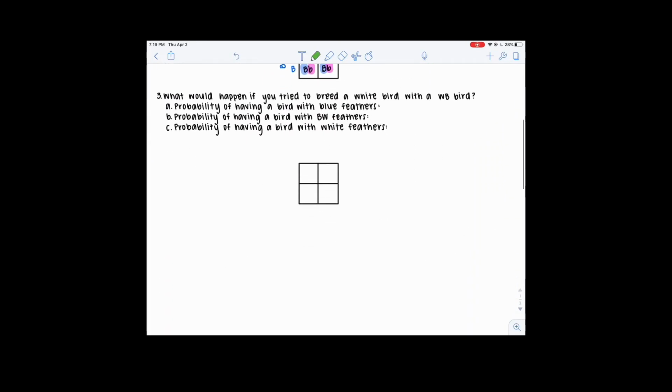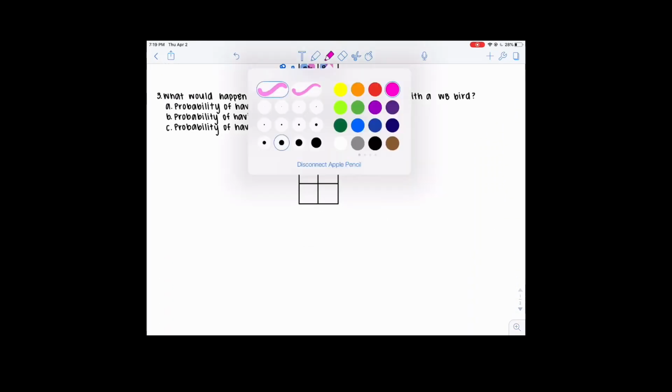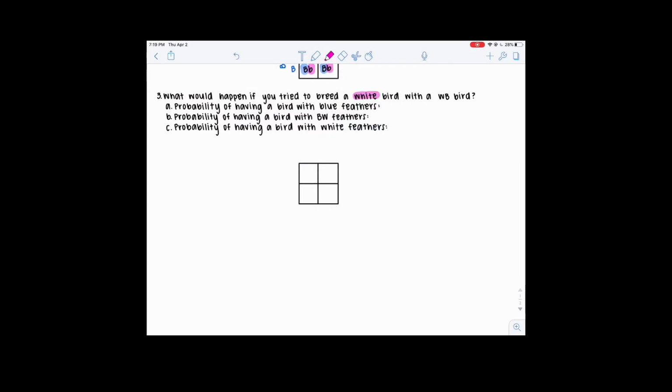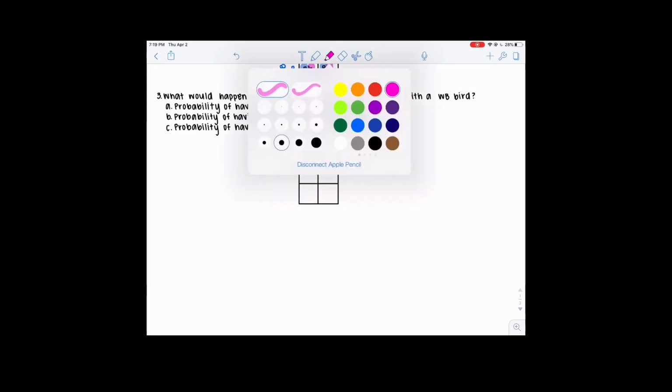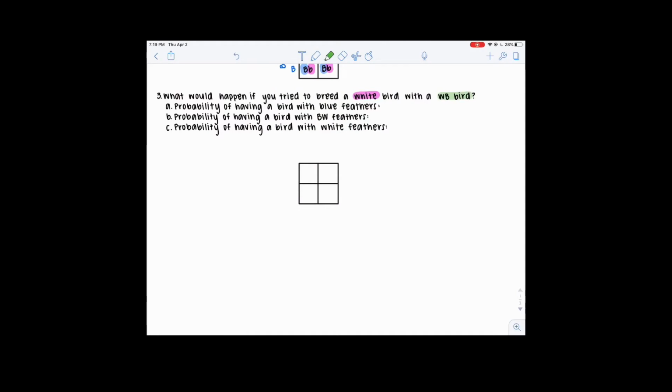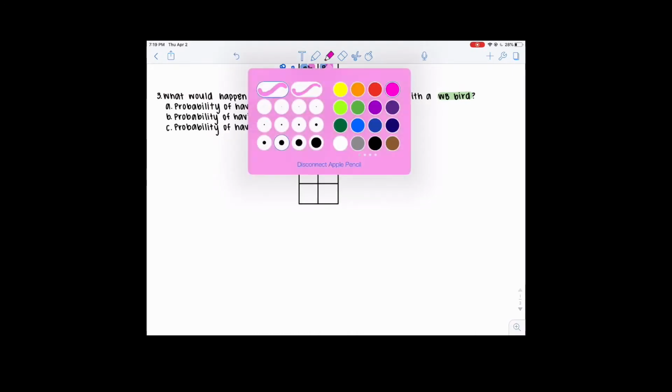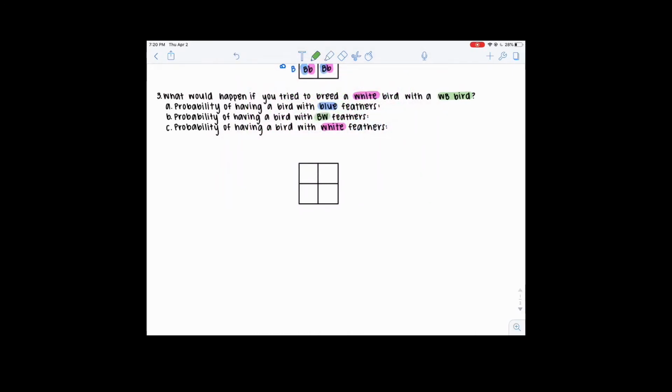Question number 3. What would happen if you tried to breed a white bird with a WB bird? A. Probability of having a bird with blue feathers. B. Probability of having a bird with BW feathers. And C. Probability of having a bird with white feathers.